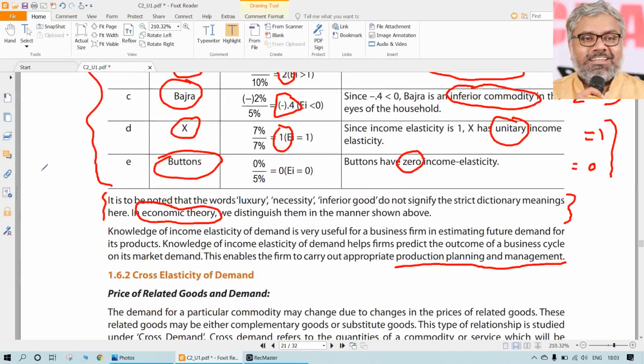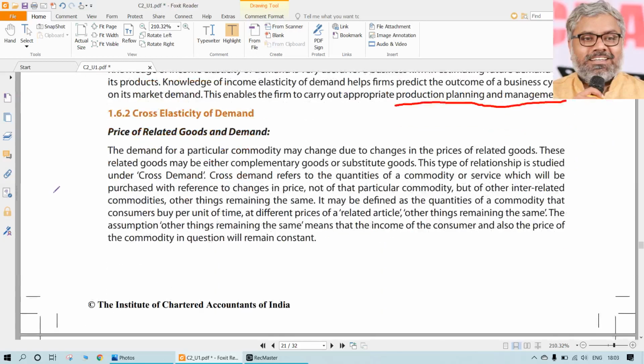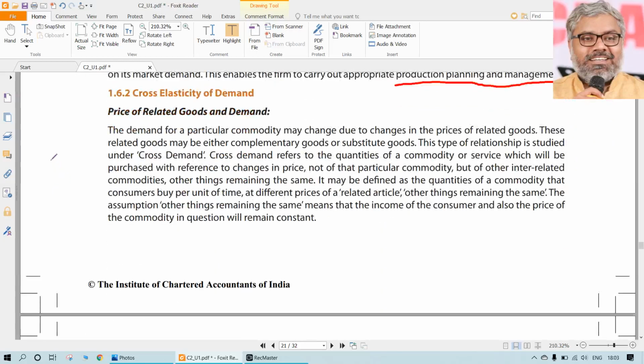Accordingly, only the demand can be estimated. See, ultimately, any organization would like to know what is going to be the potential demand for its product. Without knowing the potential demand, it cannot estimate or budget the sales. This is what we talked about earlier also. So sales is something which has to be budgeted first.